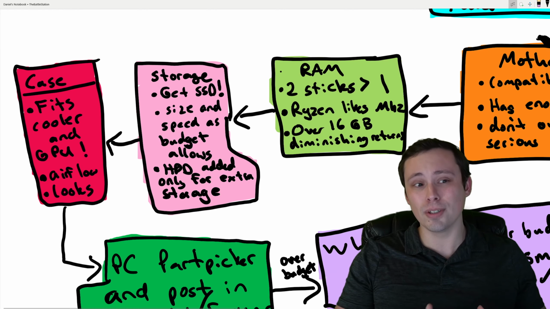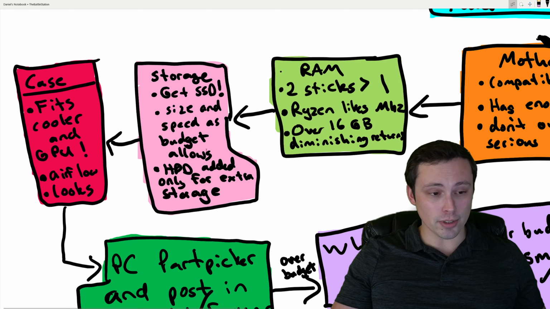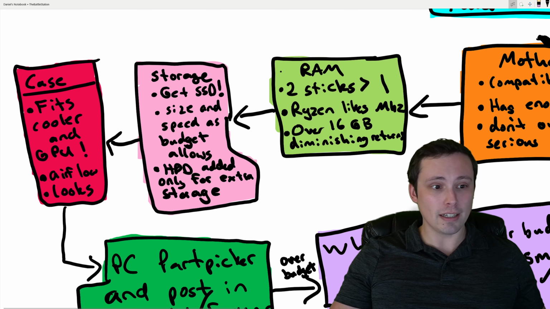Just look up reviews of the model you're getting. Now, increase the size and speed as your budget allows, but definitely at least get an SSD. And then you can throw a hard drive in for extra storage if your SSD was kind of small. And you can also just buy more SSDs in the future as your budget allows over time. So that would be my recommendation there.